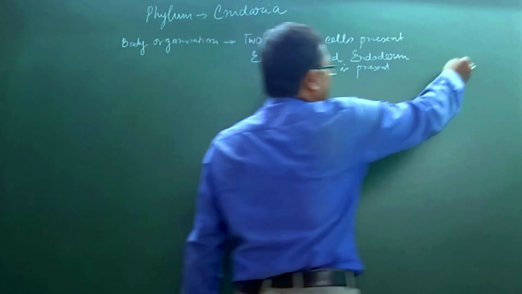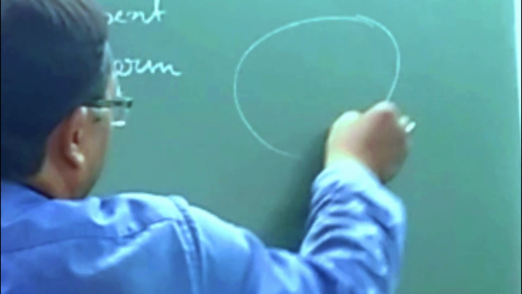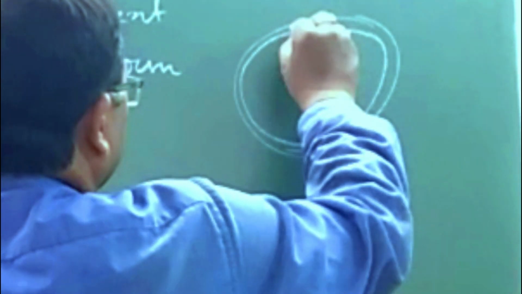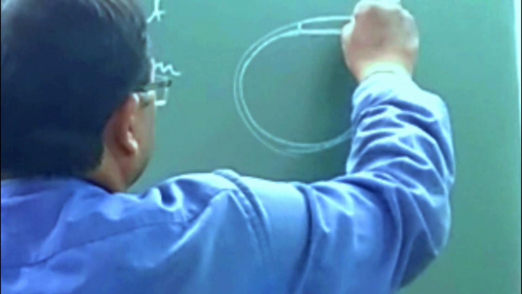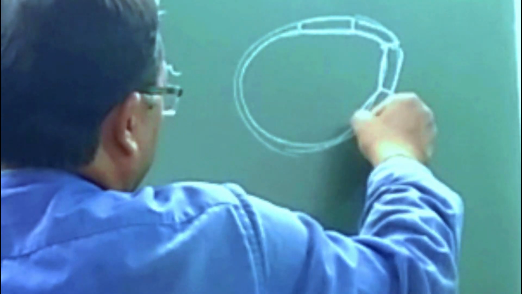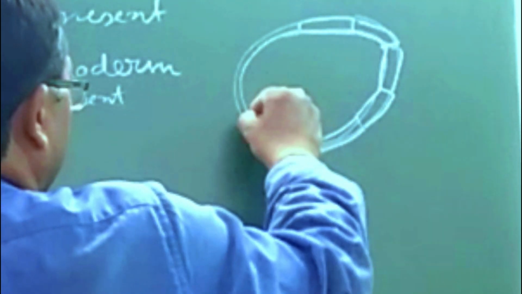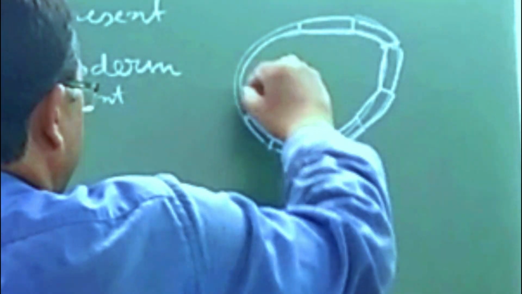Suppose this is the outer layer, with cells arranged in a circular fashion. This is the outer layer, the ectoderm.